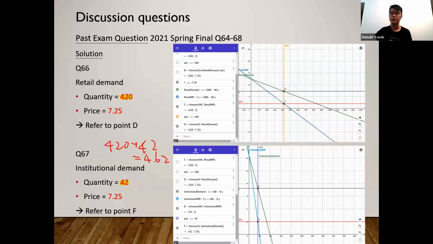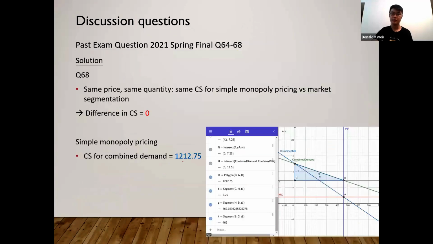We have the same quantity across single price and dual price scheme. And on the price side, it stays the same, 7.25, under the single price or the dual price scheme. With the same price and same quantity under market segmentation and simple monopoly pricing, we will have the same consumer surplus across these two cases. So the difference in consumer surplus will be 0.